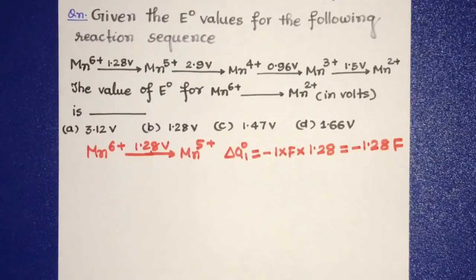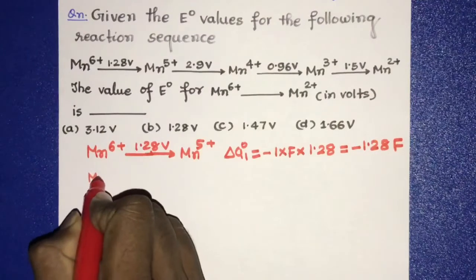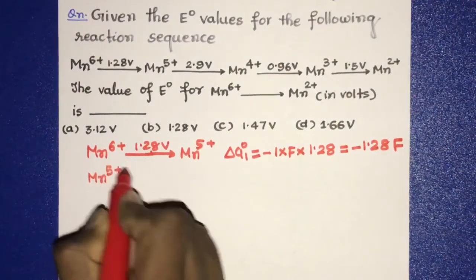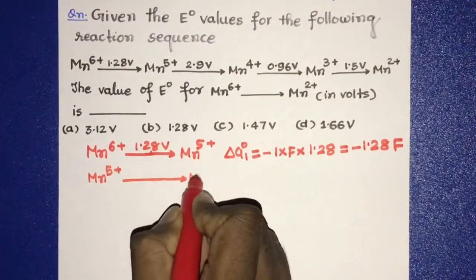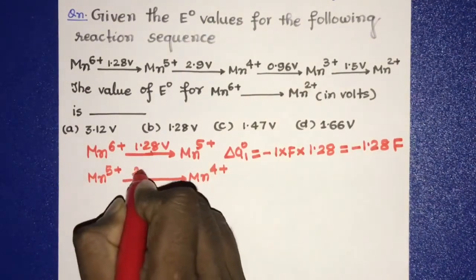Now let's see another. Mn5 plus to Mn4 plus, it is 2.9 volt.